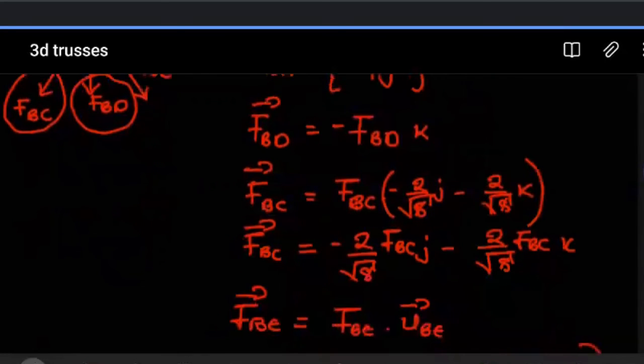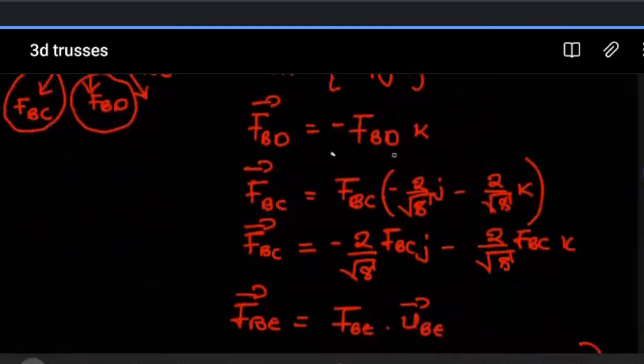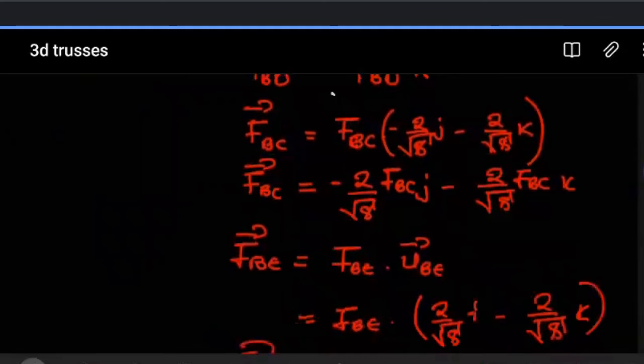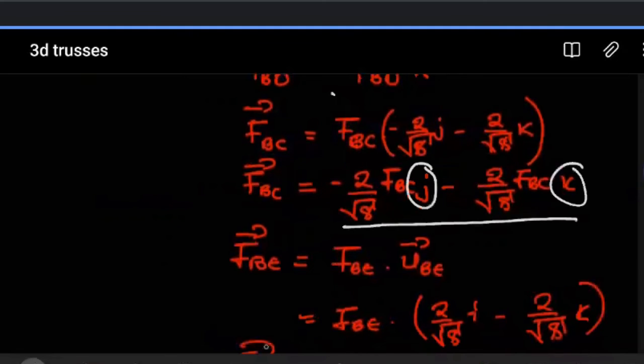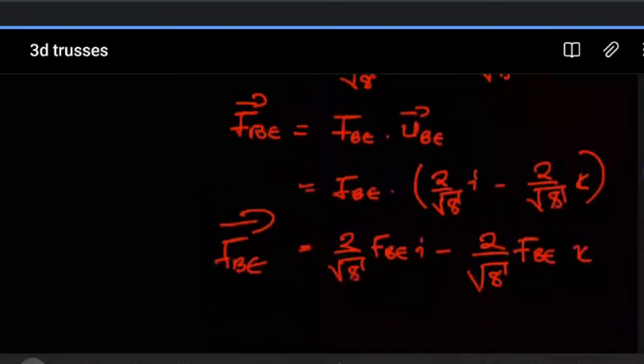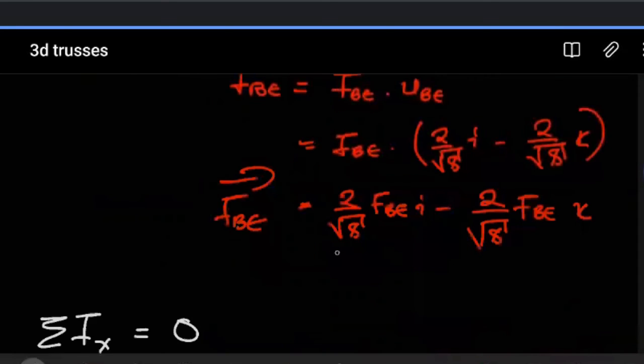This one doesn't have an x component as well, so I skip it. This one doesn't have one either. I wrote it here in full. It doesn't have an x component, only has j and k. An x component means I should see i there. So I skip that one as well. So only one of these forces actually has an i, which is this one.